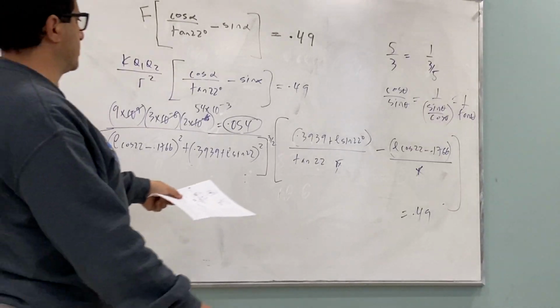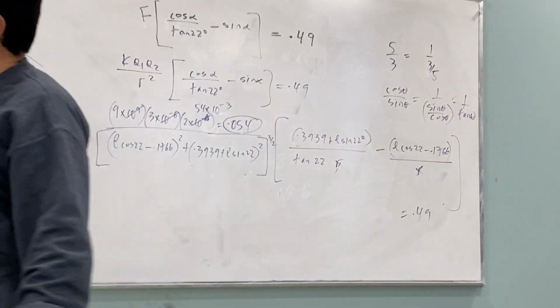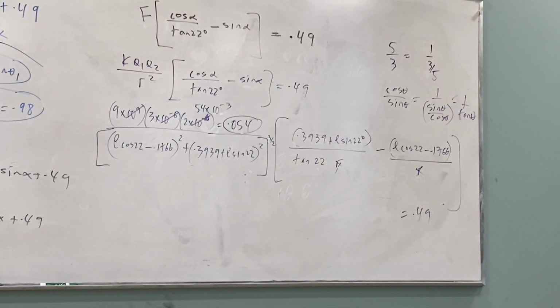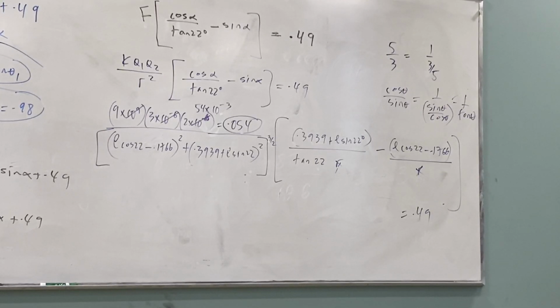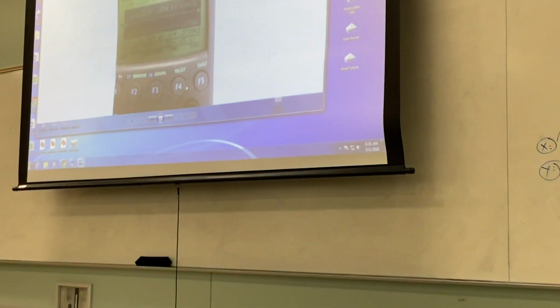Then I have 0.054 x cosine 22, and then the next picture has x cosine 22 minus 0.766. And then on the bottom, look what I have. Follow the bottoms. I've got 0.3939 plus x sine 22 squared plus x cosine 22 minus 0.1766.